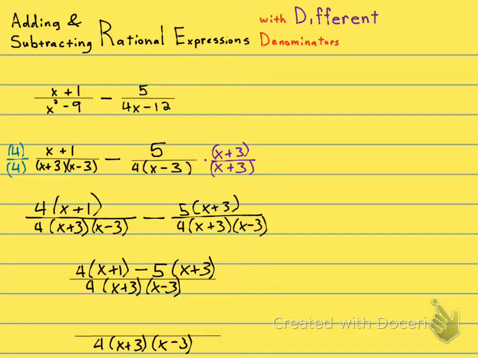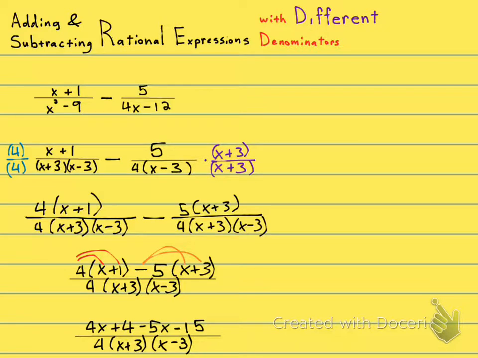And my numerator, now I'm going to distribute. I will have 4 times x is 4x. 4 times 1 is 4. Now let's distribute here. Negative 5 times x is negative 5x. And negative 5 times 3 is negative 15.